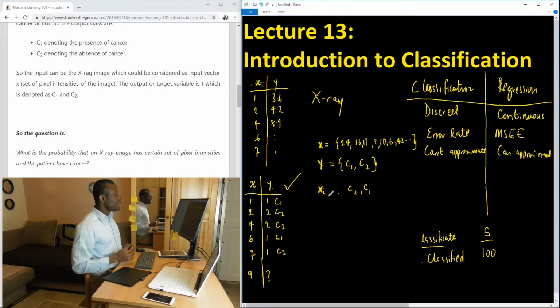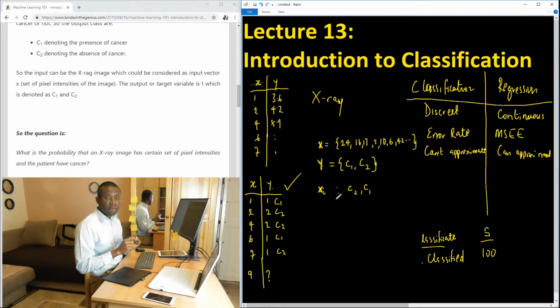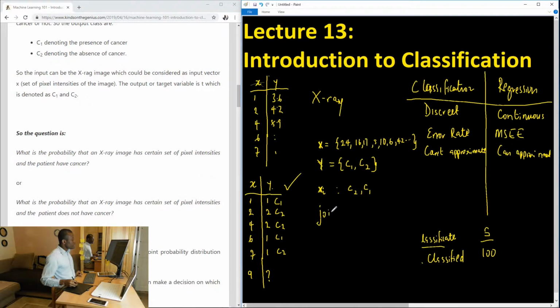The question is, given these X-ray images we have, what is the probability that the patients have cancer? Or let's put it this way, what is the probability that the patients have cancer with these X-ray images we have? And that is called joint probability.